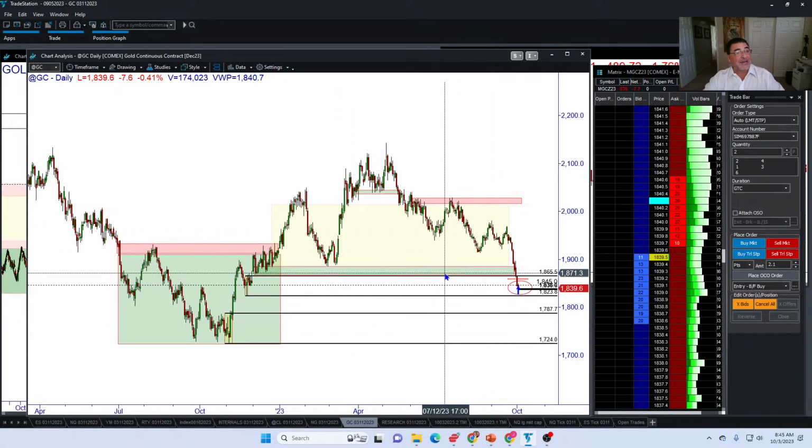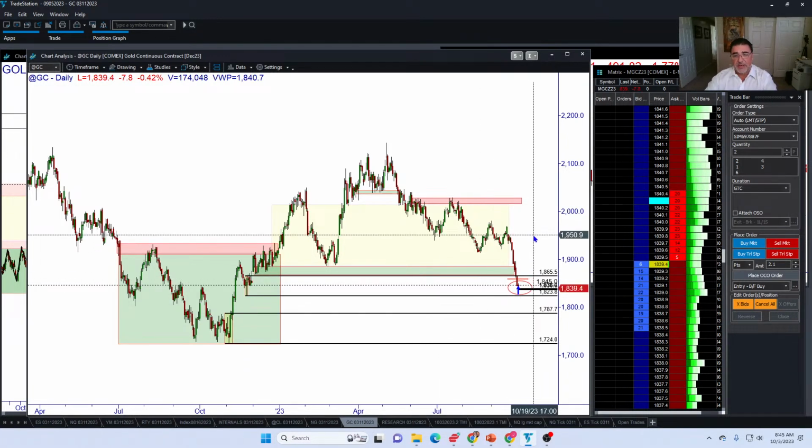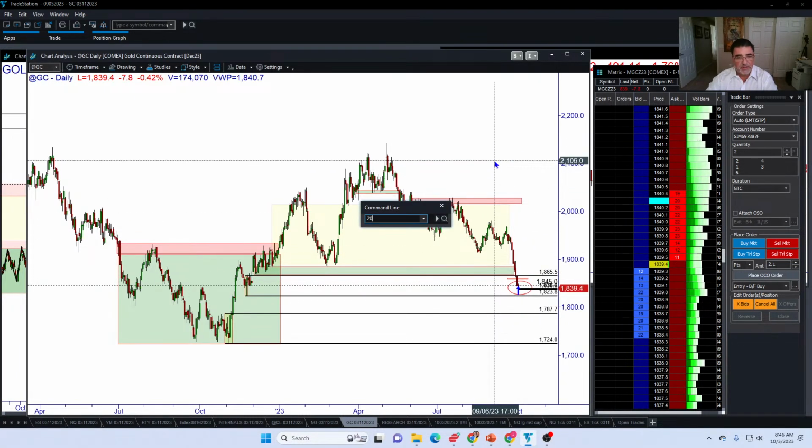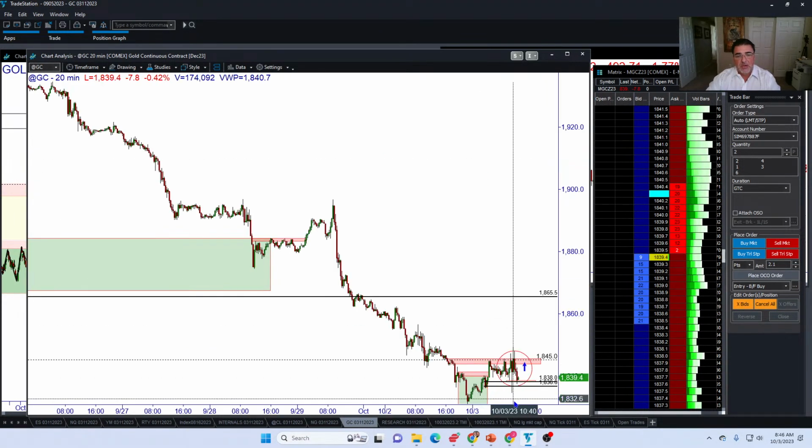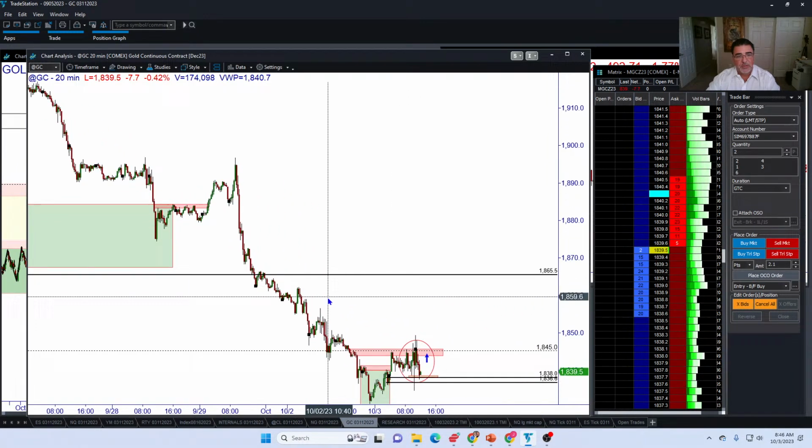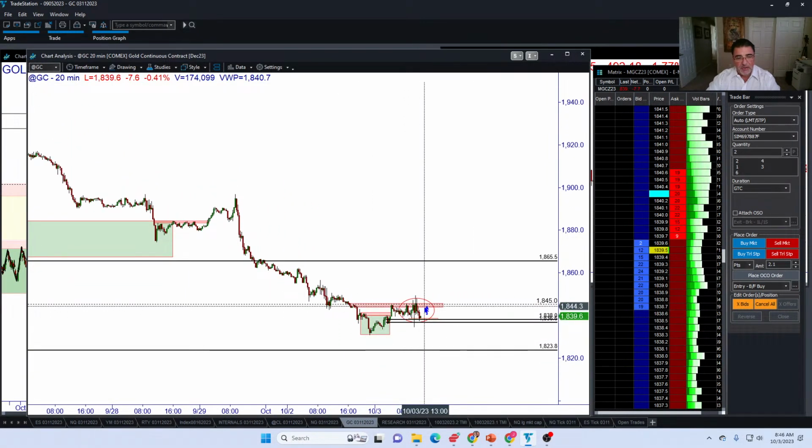So we are looking for that initial impulse wave for gold coming out of this area. But I'm managing my risk on a smaller time frame, back down to around the 20-minute chart. I'm looking for that fresh accumulation of orders and then looking for permission to get into it, okay?